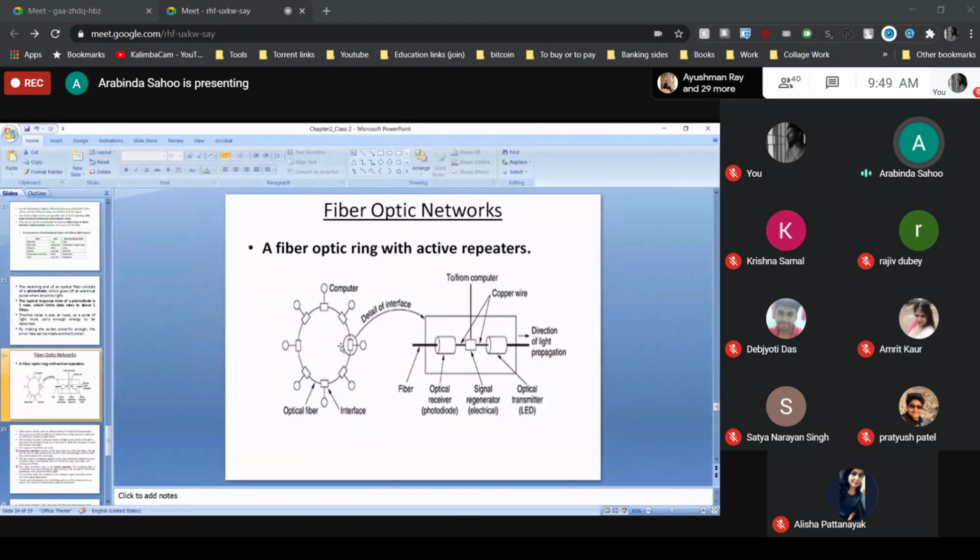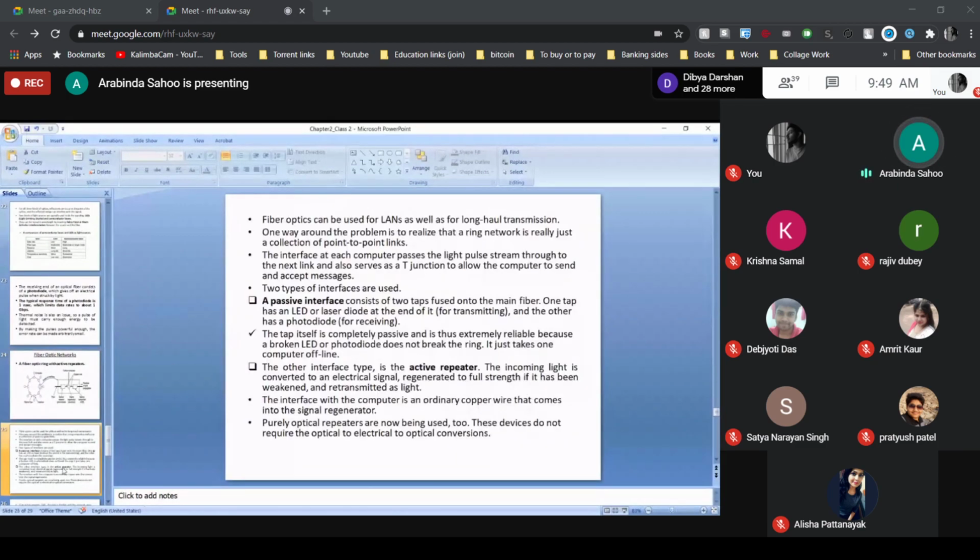But if you are using active repeaters and any of the repeaters fails, the connection cannot be established. That is the basic difference between active repeaters and passive repeaters.